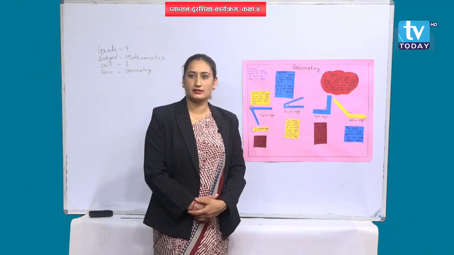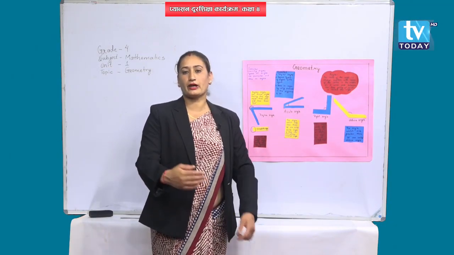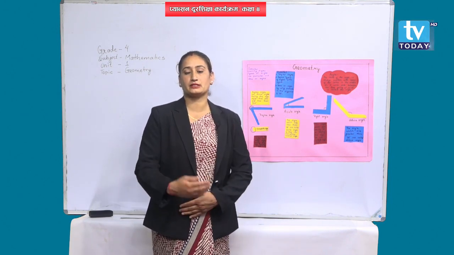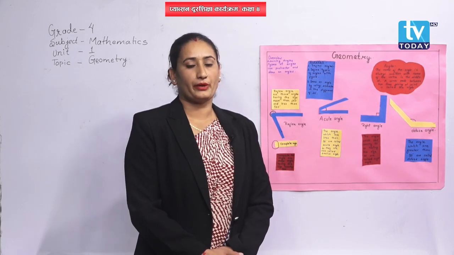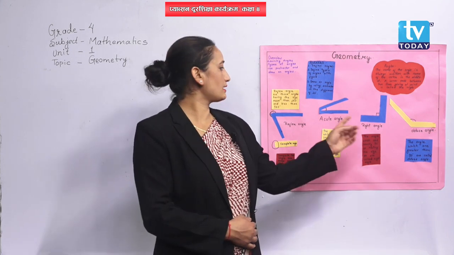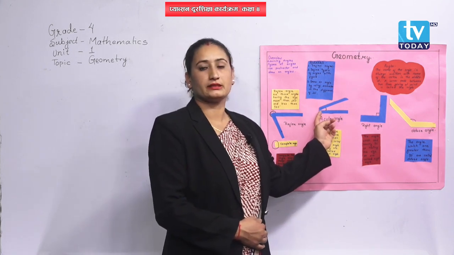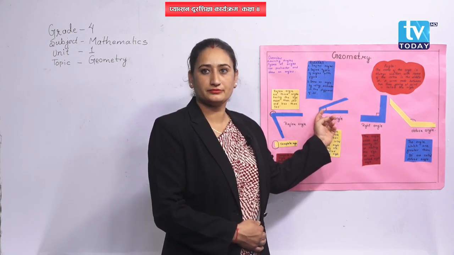Do you understand what you mean by angle? Now, if you have your pen and paper with you, please write down in your notebook: when two straight lines meet in a single point, then it's called an angle.